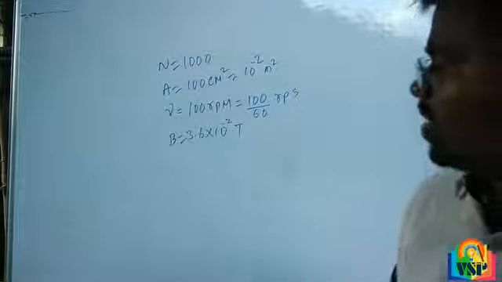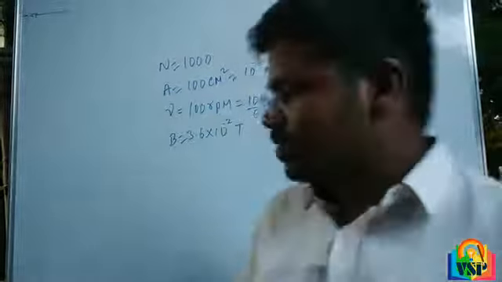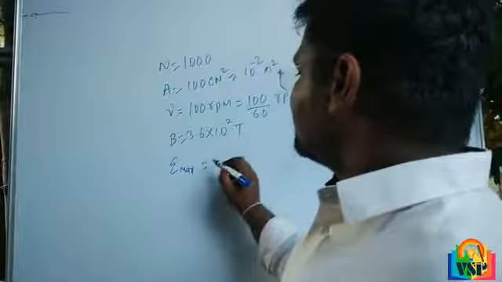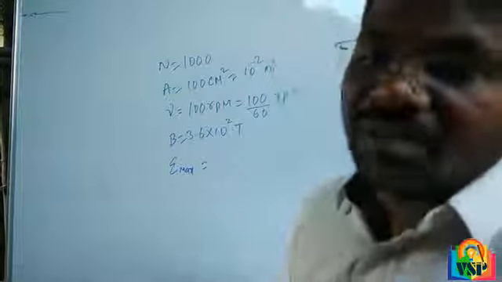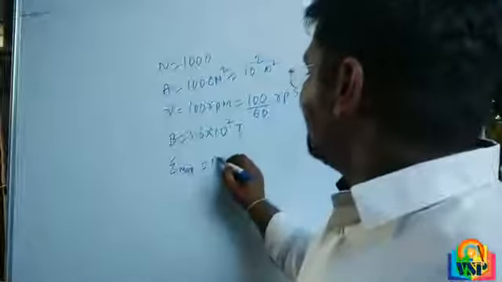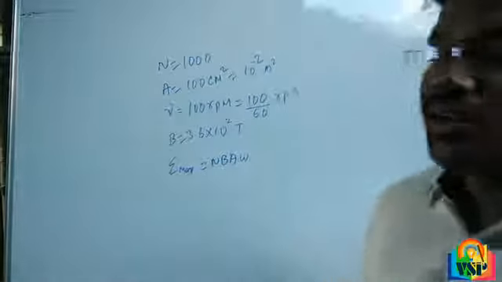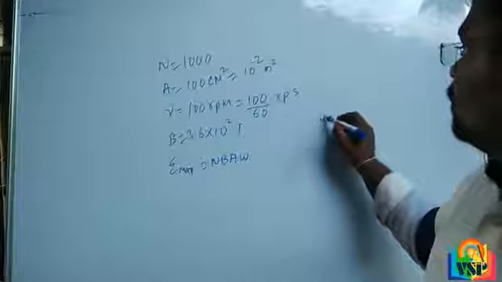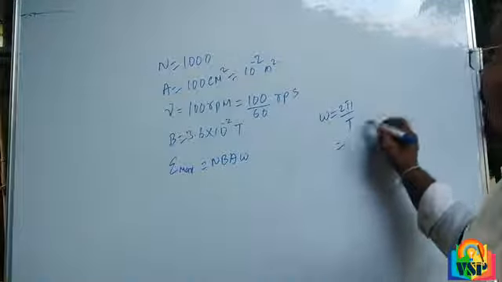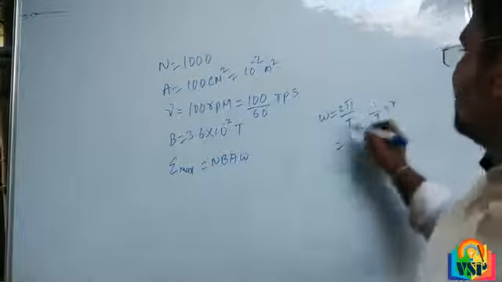So here we can find the maximum EMF. What is the formula? E max = NBAω. Omega is equal to 2π by T. 1 by T is equal to ν, the frequency here.